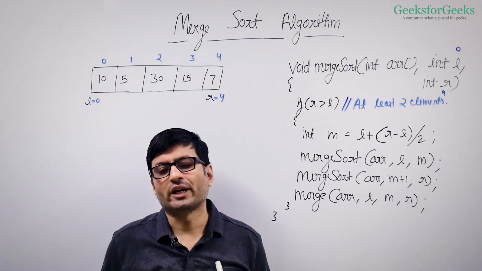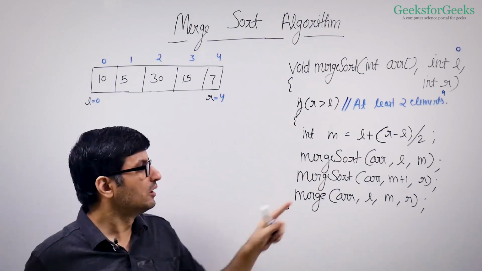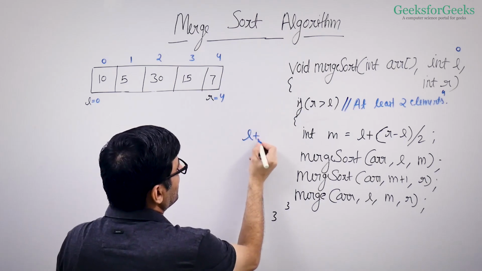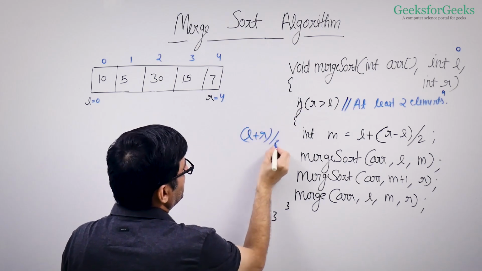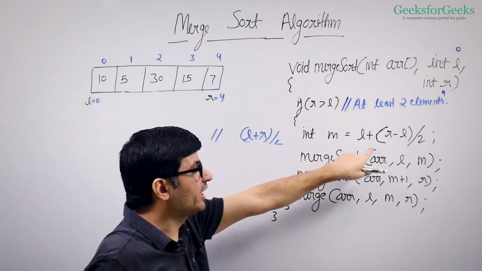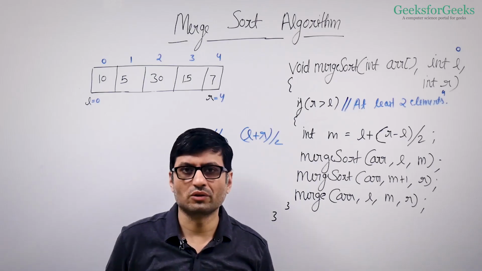After checking for at least two elements, we find the midpoint of our input. The expression that I have written here is the same as (L plus R) by 2. The purpose of writing it this way is to avoid overflow.